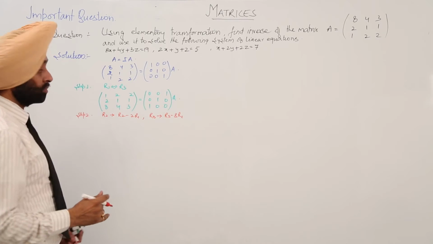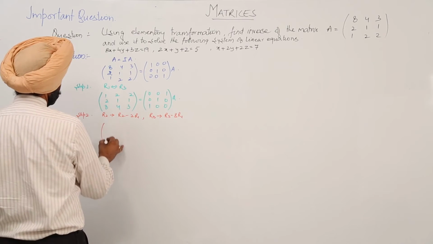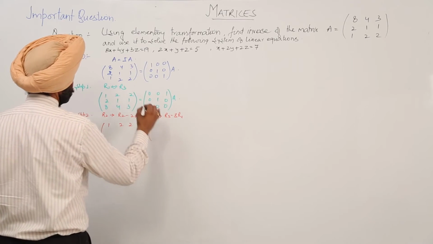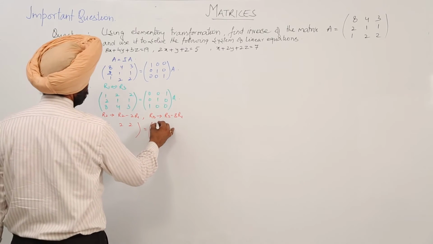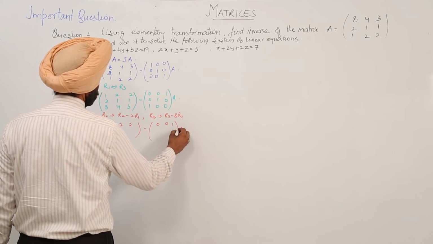So we can continuously go for the 2 steps. Now we are having here 1 2 2 as it is. Okay. Then 0 0 1, we are not changing row 1.